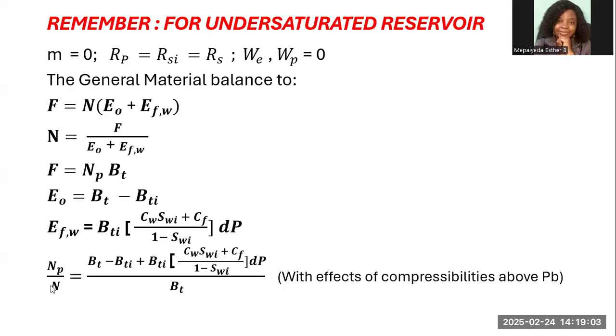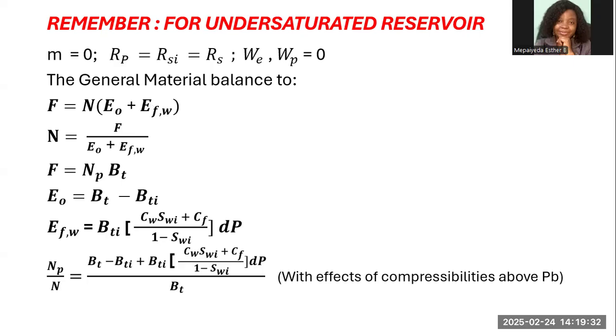So if you make N the subject of the formula, equating NPBT to your N, this is your F, NPBT, and you have this NEO plus EFW. So if you equate this, this is your left hand side, this is your right hand side.